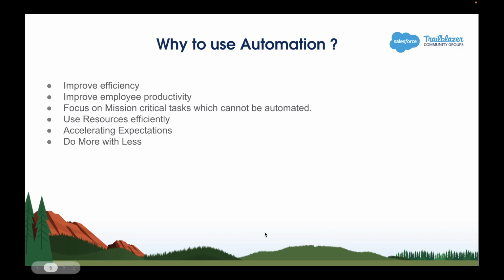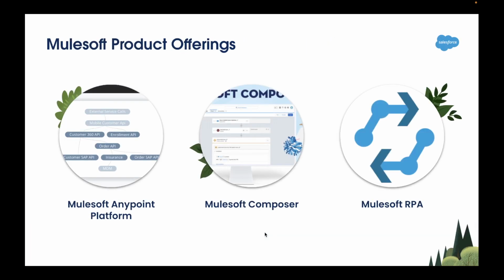These are the MuleSoft product offerings. Before that, does anyone know when MuleSoft was founded? I think many people won't know, but MuleSoft was actually founded in 2006. Later, in 2018, I suppose, it got acquired by Salesforce.